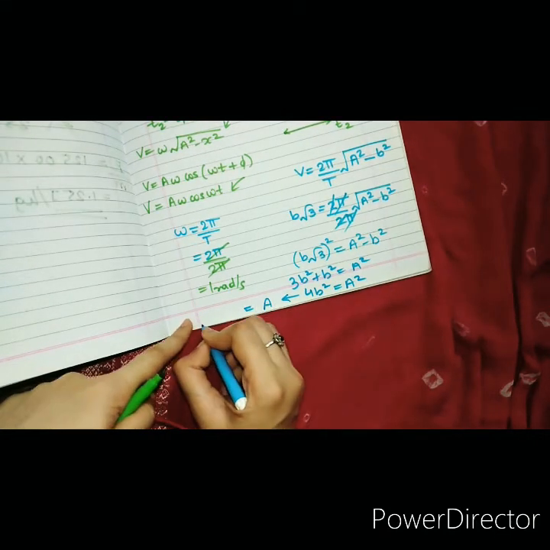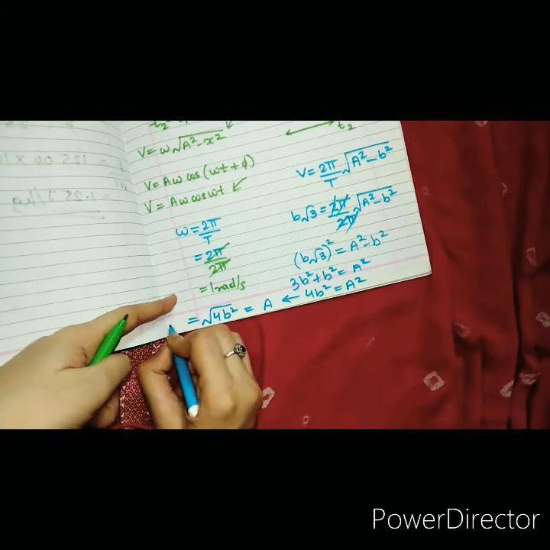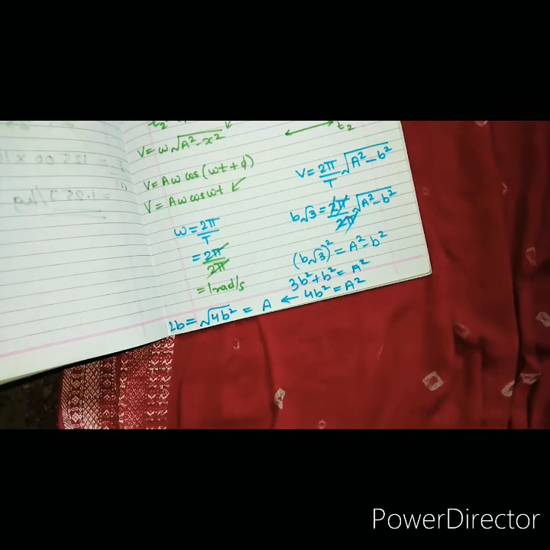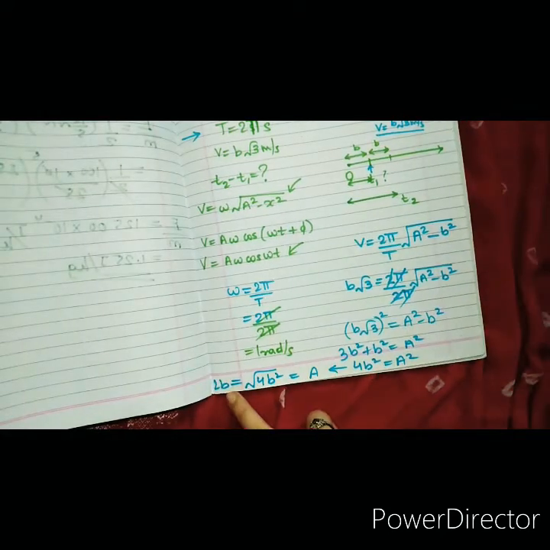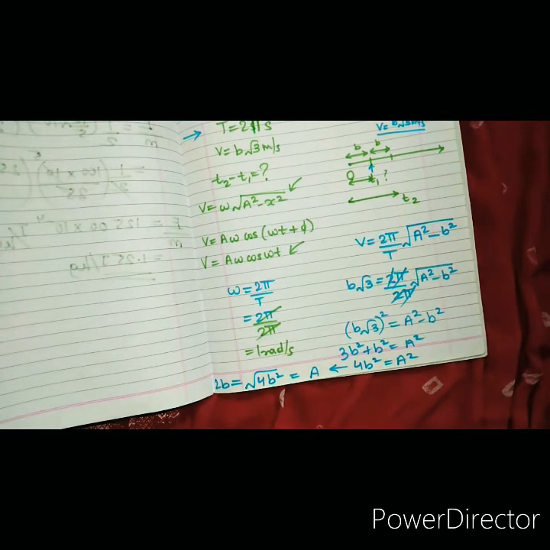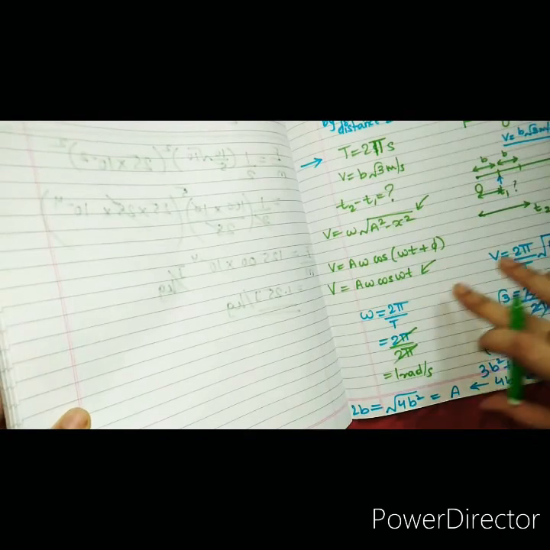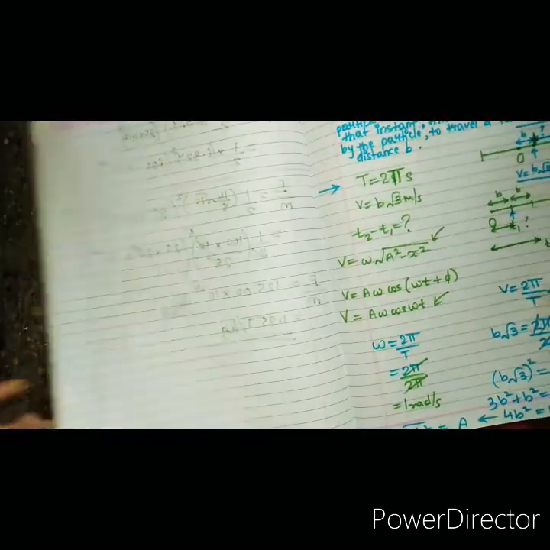Sorry for the horns. So a is the square root of 4b square, that is nothing but 2b. So I got the amplitude for this simple harmonic motion, that is 2b. This is my amplitude. Next, what I can get, I got the amplitude.